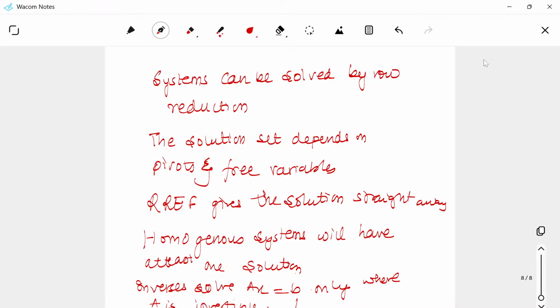Invertible means the determinant of A should not be equal to 0.